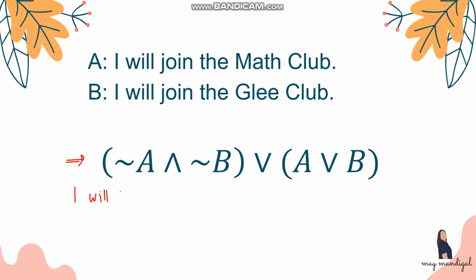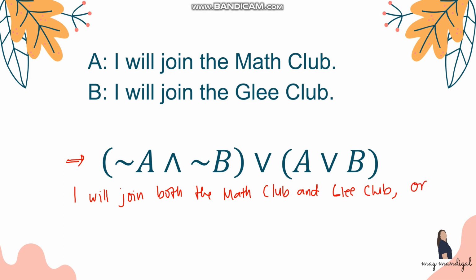Or you can just write, I will not join both the math club and Glee club, or, and then let's follow it by this one, I will join either the math club or Glee club.